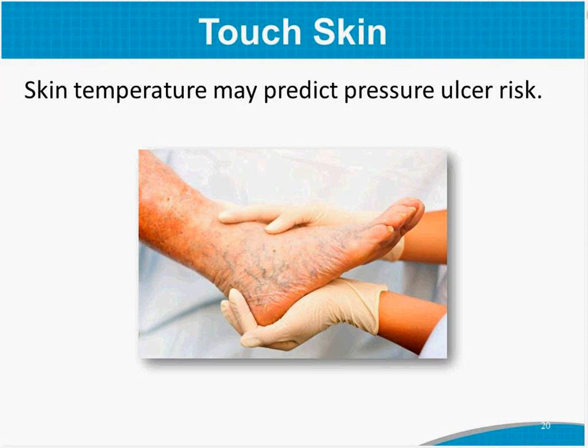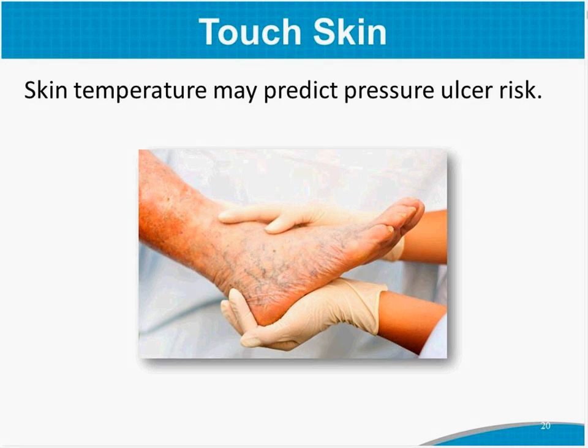And the last one is T in HOLD, and that is that you touch the skin and look at skin temperature. And there is some emerging evidence to suggest that skin temperature may predict pressure ulcer risk. So I want to refer you to the work of Stephen Spriegel, and that full reference is at the back of the presentation, as well as from RAP, that looked at how these temperatures may indicate pressure ulcer risk.